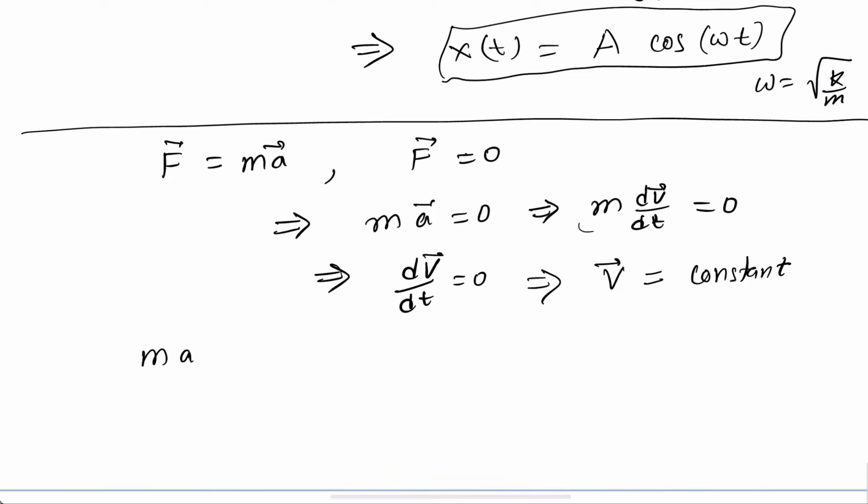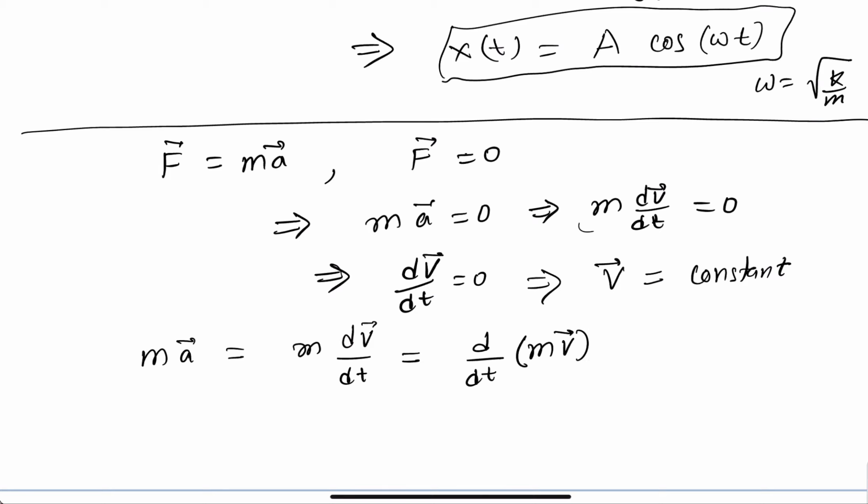So mass times acceleration, which is m dv over dt, can also be written as d by dt of mv. The reason we can do this here is we are assuming that the mass of the object is a constant. Once we take it inside the derivative, because the mass is constant, if you do the product rule, d by dt of m would be equal to 0.